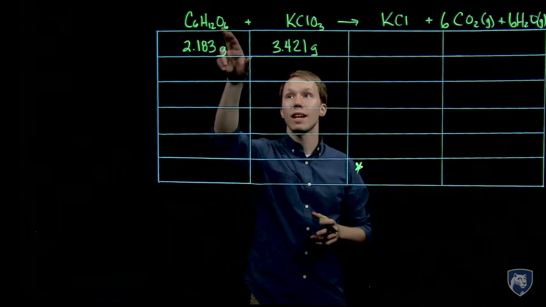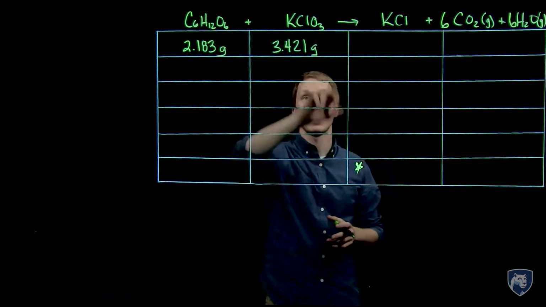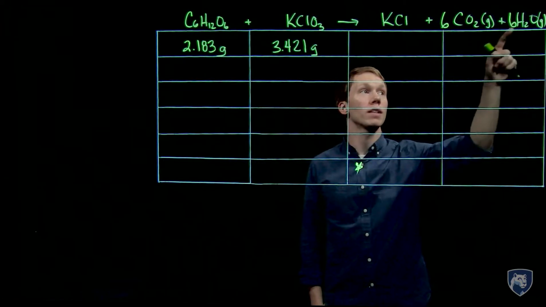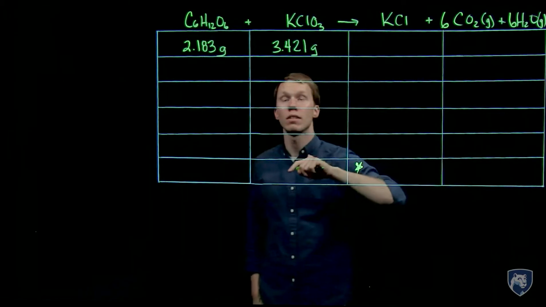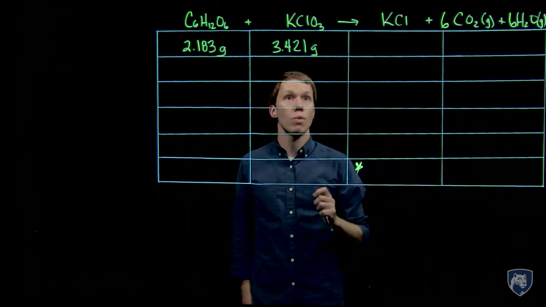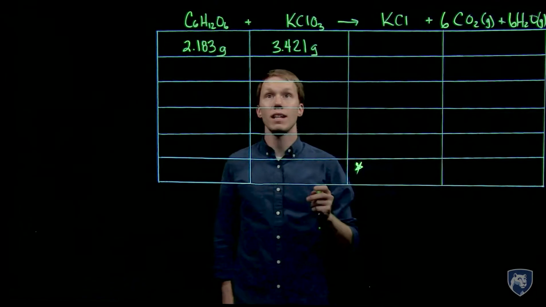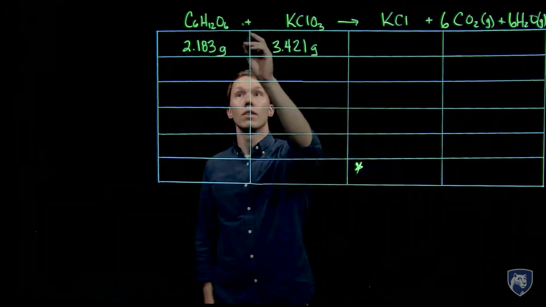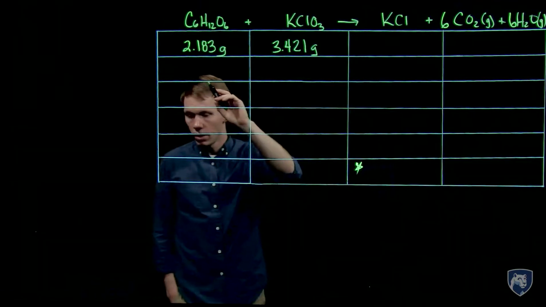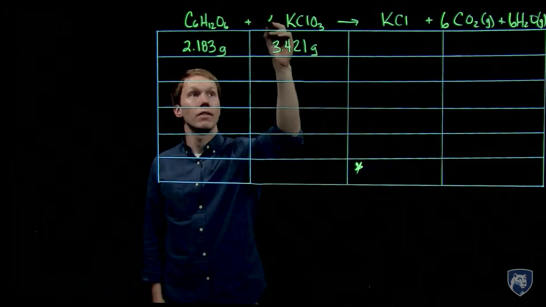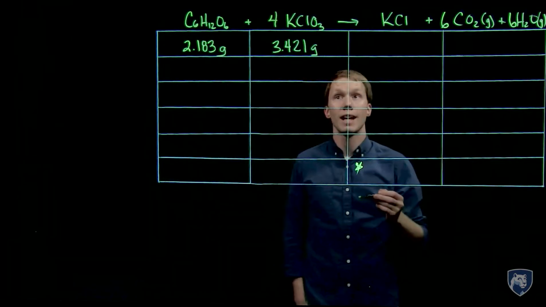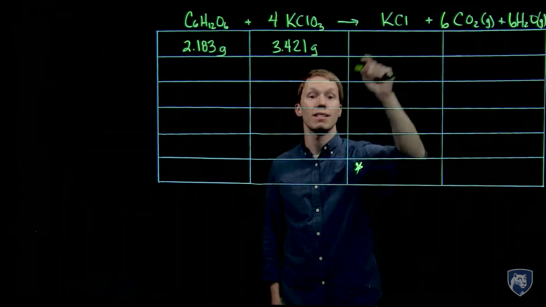On the reactant side, I've got 6 plus 3, that's 9. Over here I have 12 plus 6 is 18. So the easiest way to get to 18 would be to multiply the chlorate by 4, and then we can adjust the KCl.